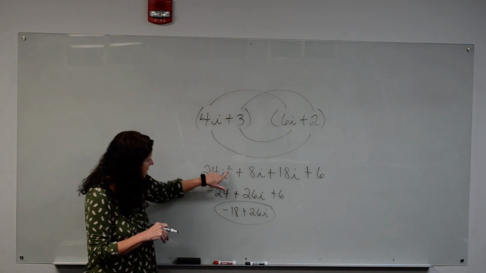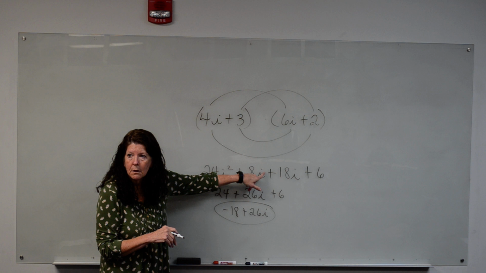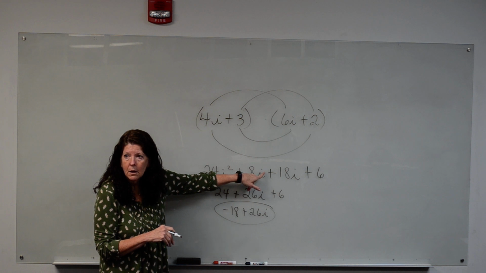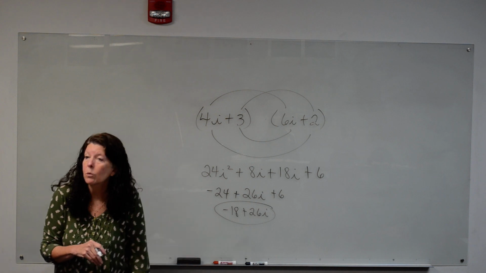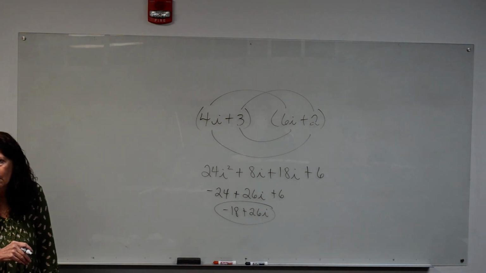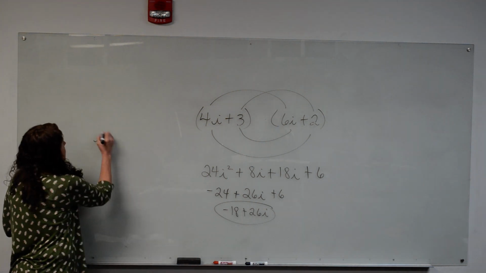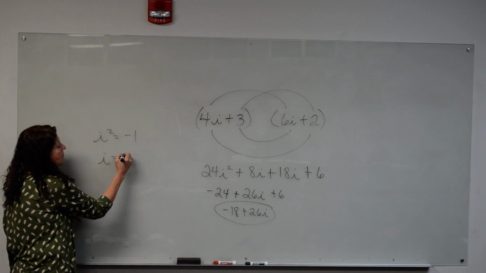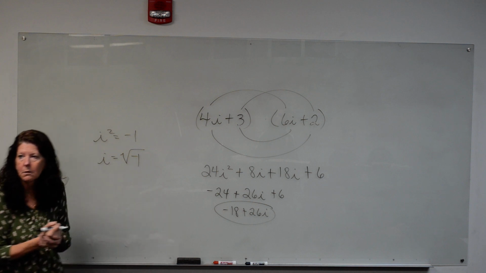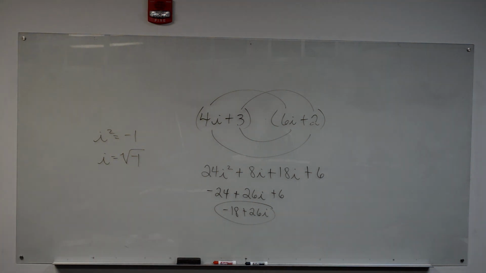No, that's squared, this one's not. But doesn't i still equal negative 1? No, i squared equals negative 1. i equals the square root of negative 1. Okay, that's where you're running into problems. i squared equals negative 1. i equals the square root of negative 1. So I can leave an i in the problem, I just can't leave an i squared in the problem.